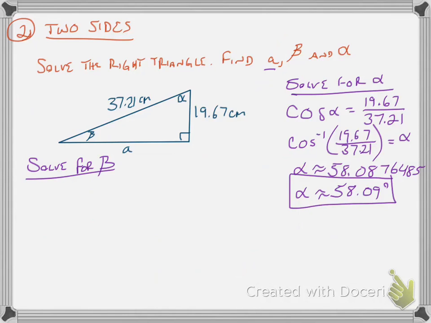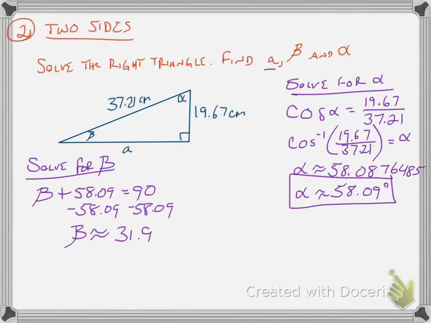Now that I have that, I can solve for beta, because now I have two angles, the 90 degree and the 58.09 degree. Beta plus alpha, 58.09, has got to equal 90 degrees. If I subtract 58.09 from both sides, beta is approximately, it's still approximately because I rounded to get that 58.09, 31.91.